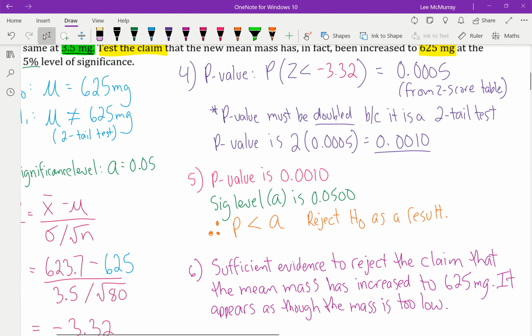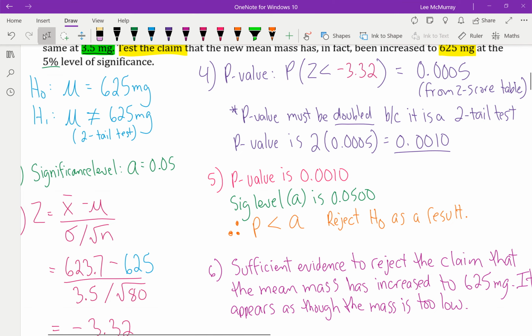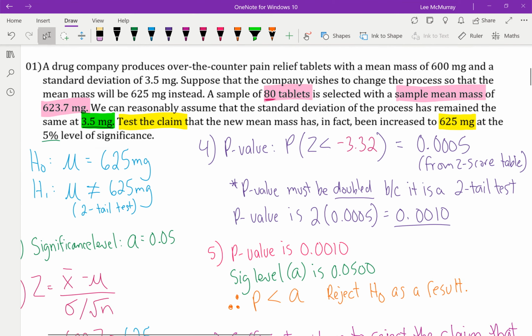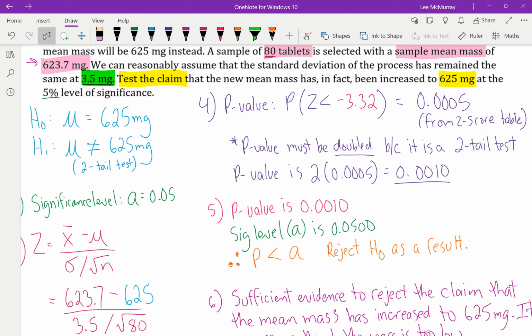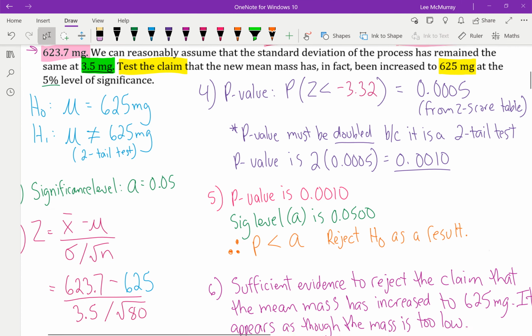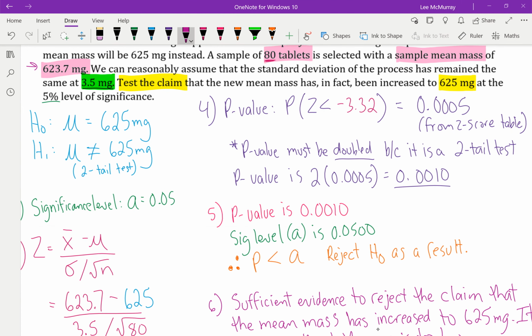We're basing that on the fact that our sample mass was right up here, was 623.7 milligrams. So the likeliness of it actually being 625 milligrams was so low that we rejected that claim that it actually is 625 milligrams. So because what we tested was lower than the claim amount, we're saying that it appears to be lower.